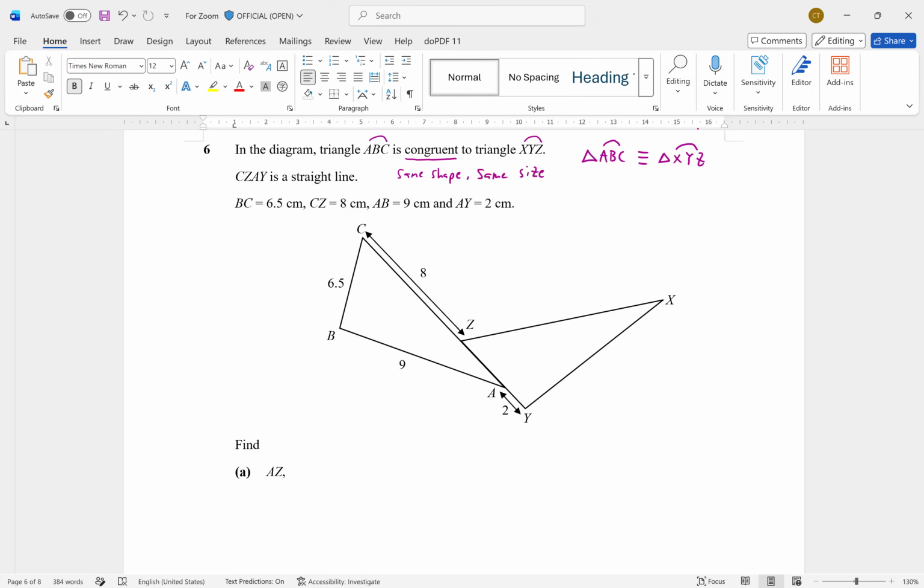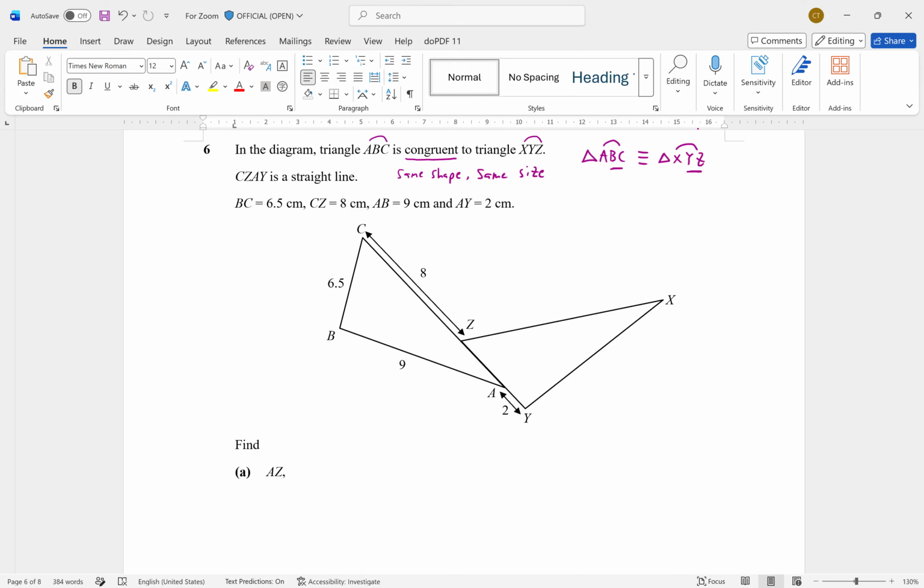But XZ is also not known, so maybe we can't find AC currently. Let's turn our attention to YZ. YZ corresponds to BC. BC is given as 6.5. So this means that we can find YZ, and if we can find YZ, then we know the length of AZ.